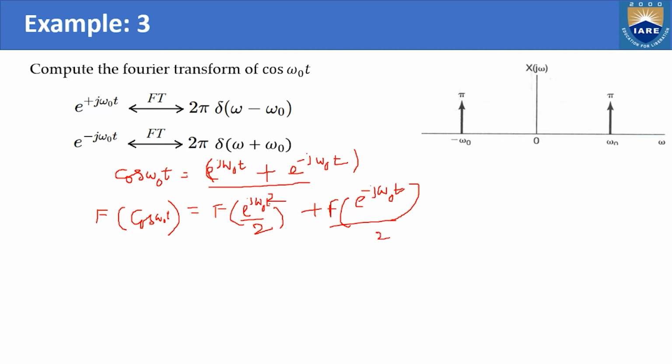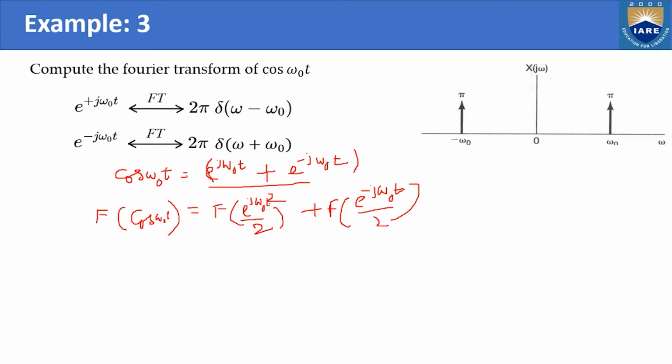Of course you can write the half inside also, no problem, it is all the same. So let me put this inside.